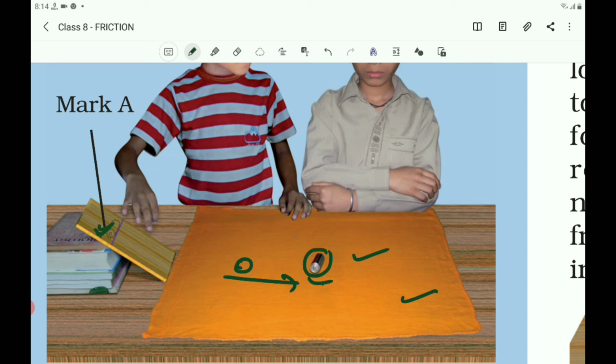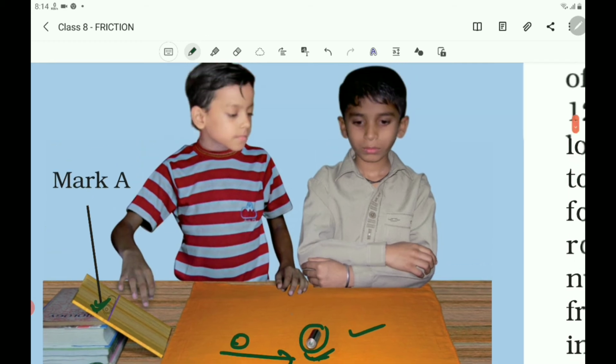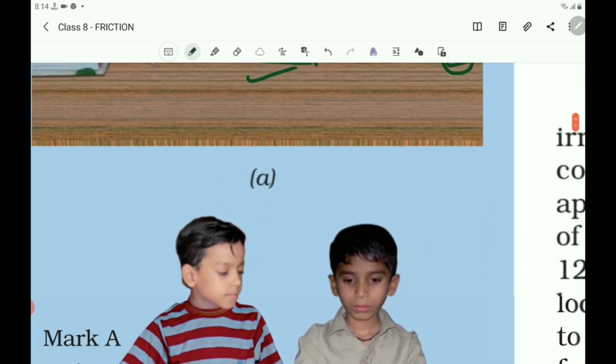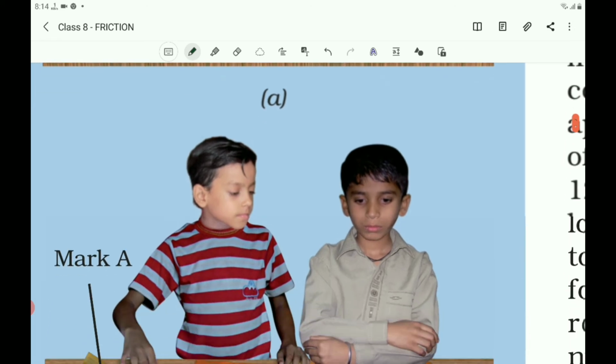So here what you can observe is that the smoothness of the surface of the cell also affects the distance traveled by the cell, and the smoothness of the other surface on which it travels also matters.